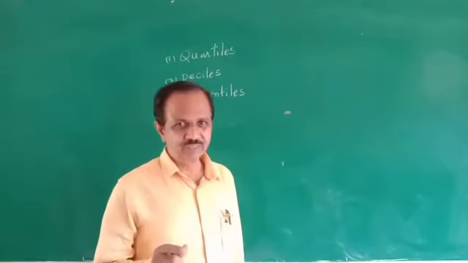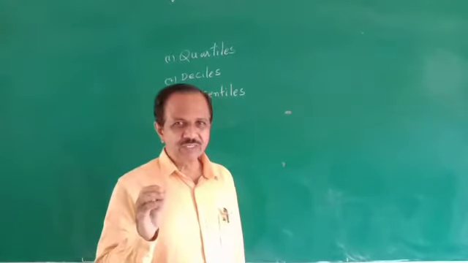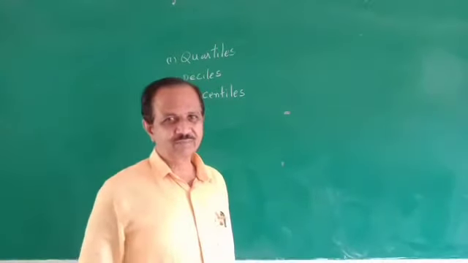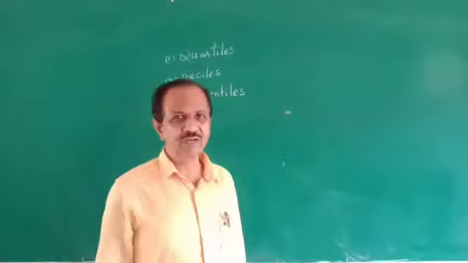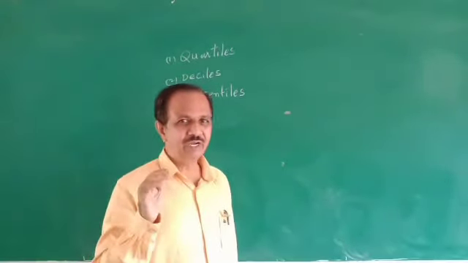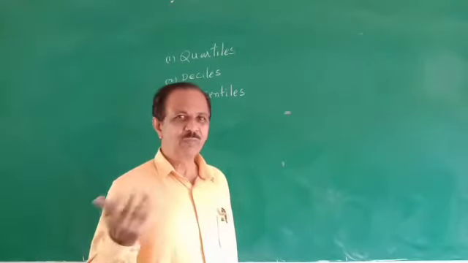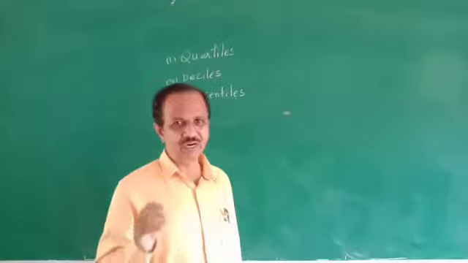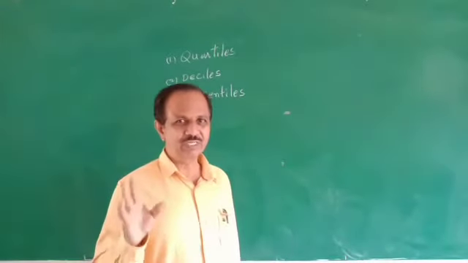What are quartiles? Quartiles divide the given data into 4 equal parts. They are called quartiles. Deciles divide the entire data into 10 equal parts. And percentiles divide the data into 100 equal parts.